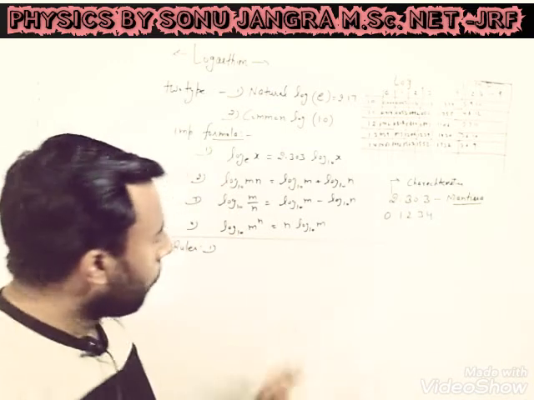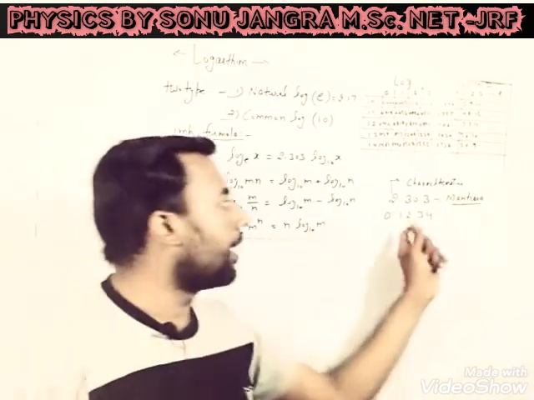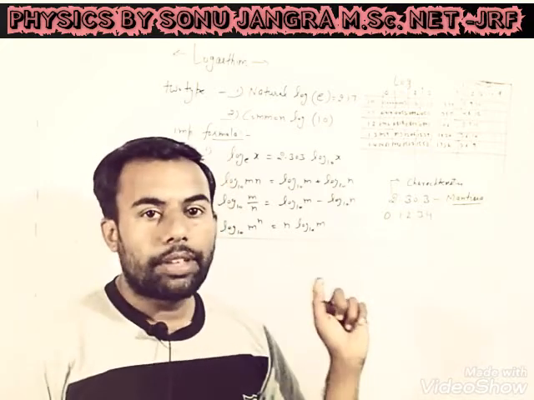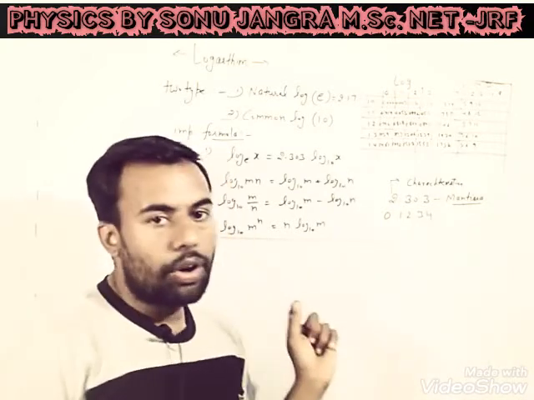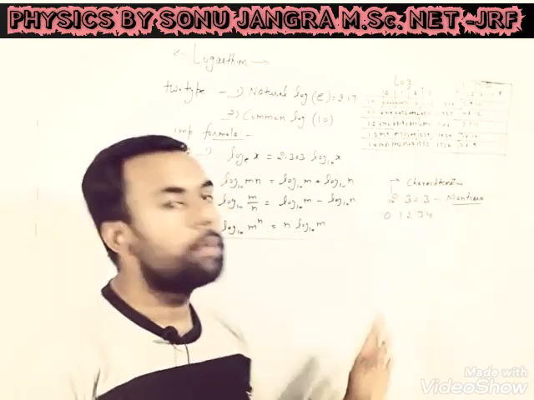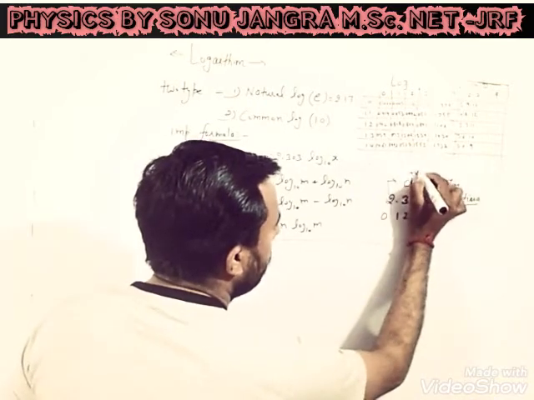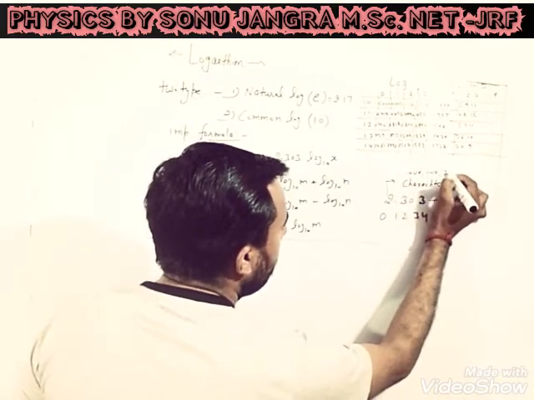So there are two cases. The characteristic may be positive, may be negative, or may be 0.